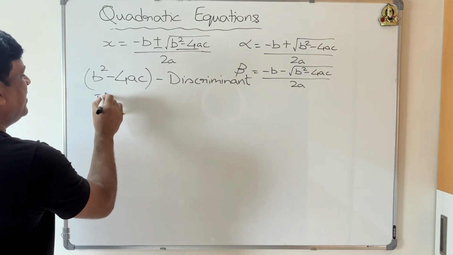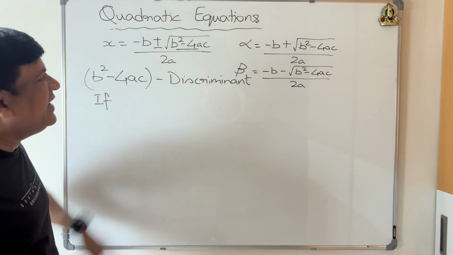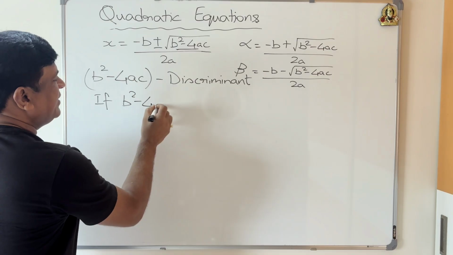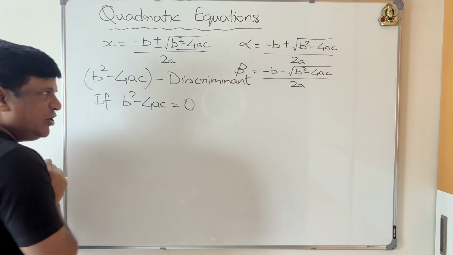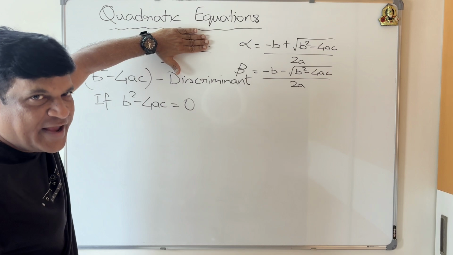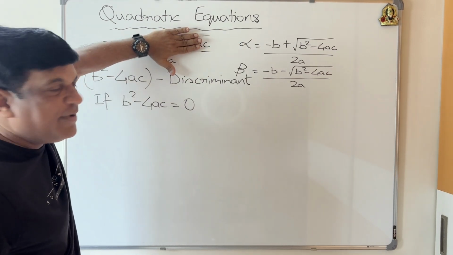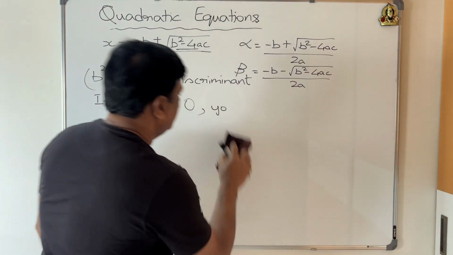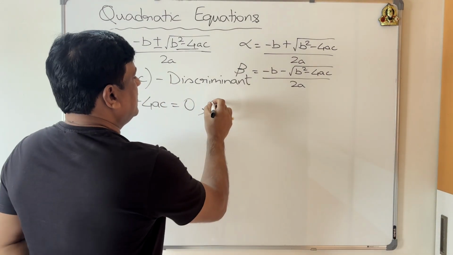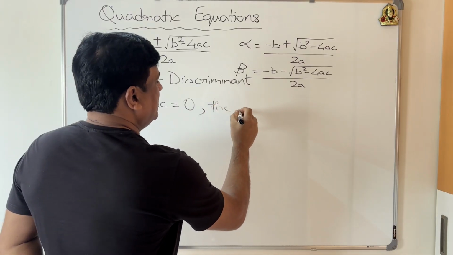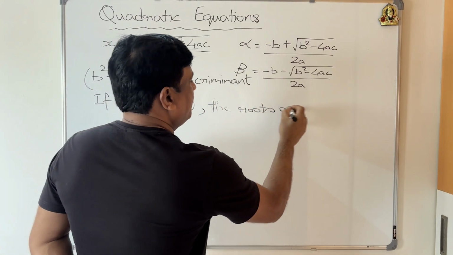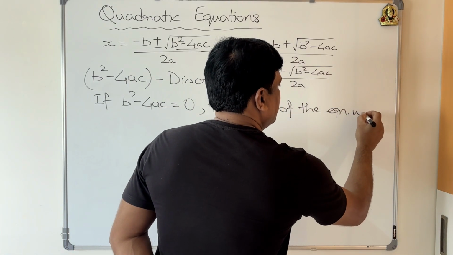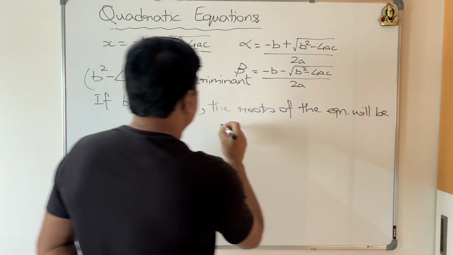There are three conditions over here, it can take three different values. It can be if b square minus 4ac is equal to 0. If this quantity becomes 0, the roots of the equation will be equal.